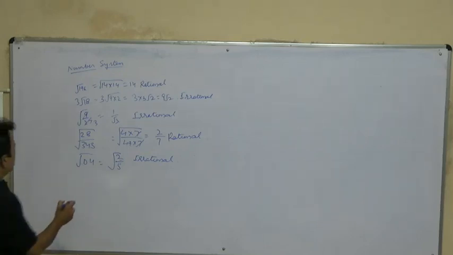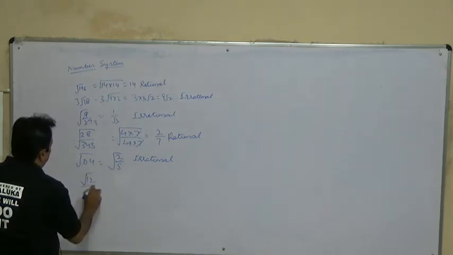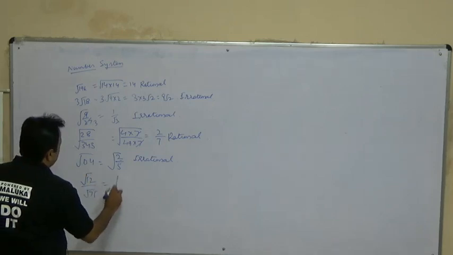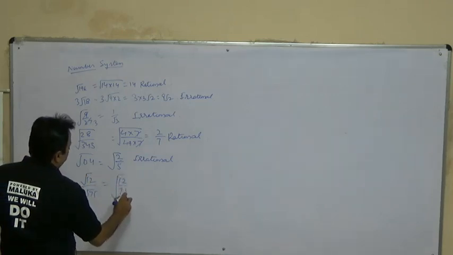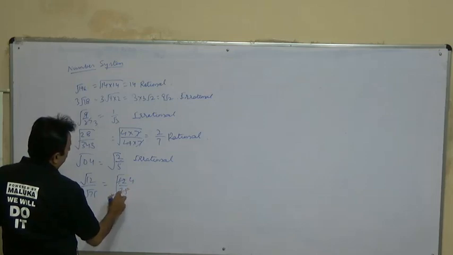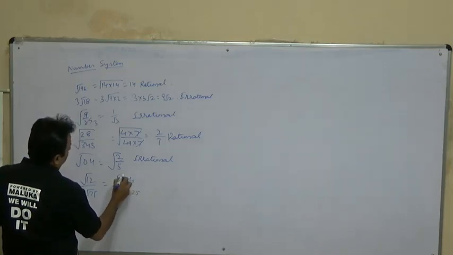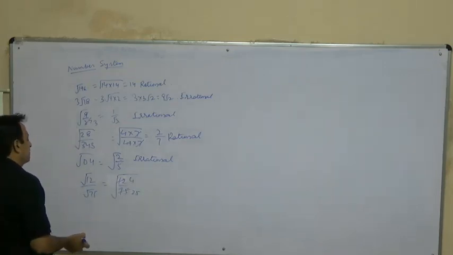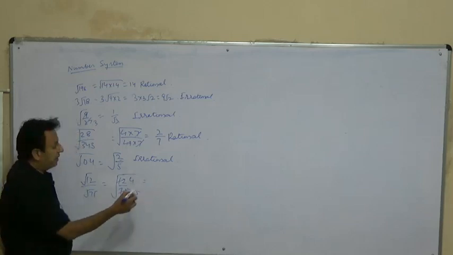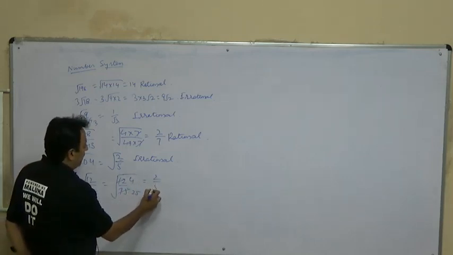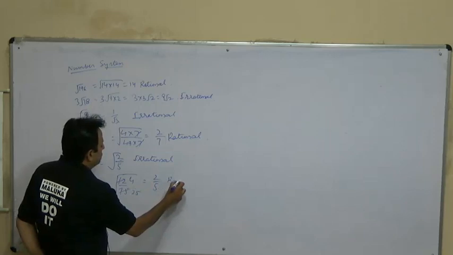Then likewise we have got under root 12 upon under root 75, which is under root 12 by 75. 4 3s are 12, 25 3s are 75. So this can be written as 2 upon 5, which is rational.